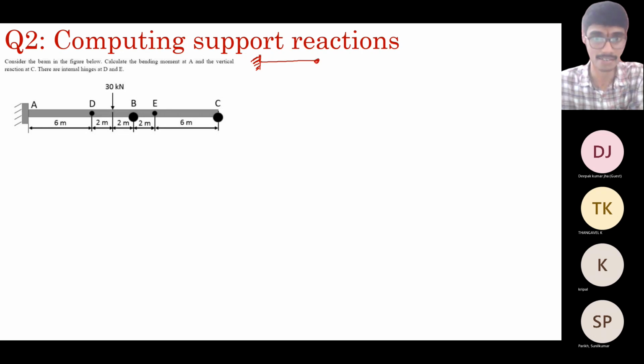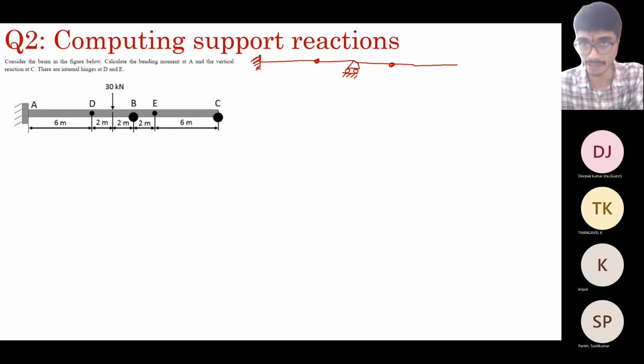You have an internal hinge. As I said, internal hinge means at that point the connected members are free to rotate. The angle between the connected members can change freely. You have an intermediate support at B, and another internal hinge at E. And finally, you have an end support.